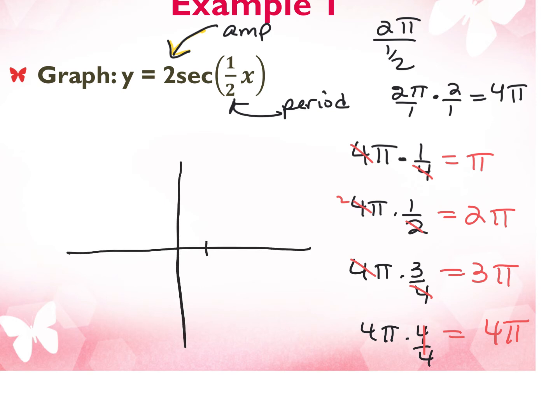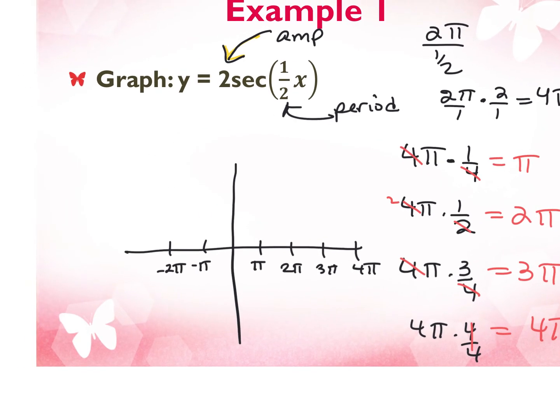So I'm going to put pi right here, 2 pi, 3 pi, 4 pi, negative pi, negative 2 pi, negative 3 pi, negative 4 pi. Remember, it has an amplitude, so I'm going to put a 2 here and a negative 2 here.